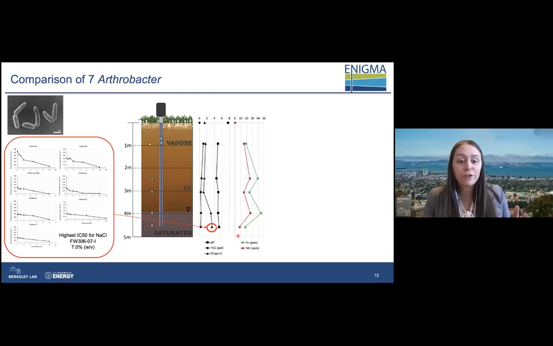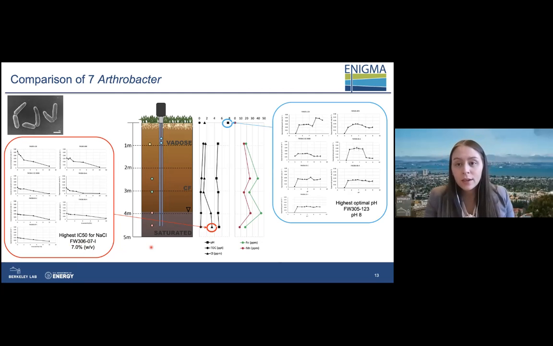The IC50, or the concentration of salts that caused a 50% decrease in exponential growth, was 7% salt for that isolate. Similarly, we looked at optimal pH growth ranges.